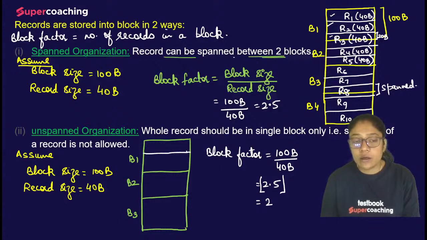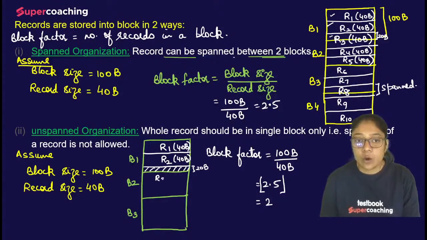So I'm storing record 1 and record 2 in block 1. This is of size 40 bytes, this is of size 40 bytes, but the block size is 100 bytes. So what about this 20 bytes of memory? This 20 bytes gets wasted because it is not getting assigned to any other record.